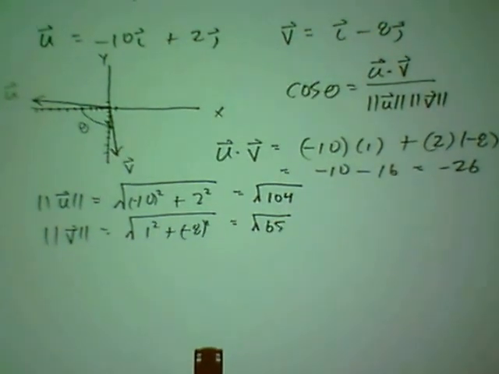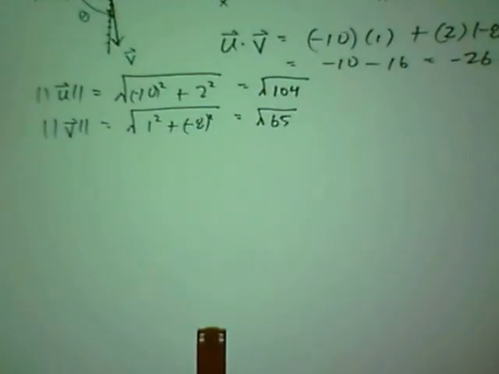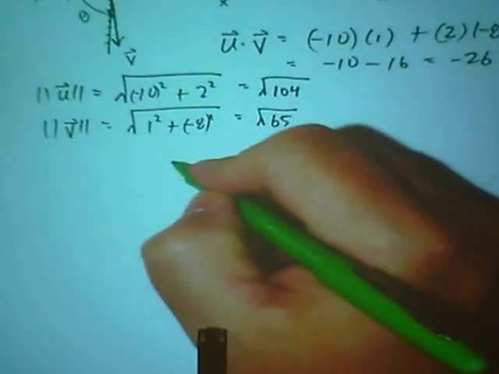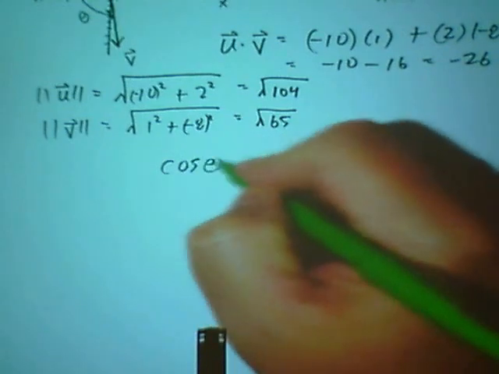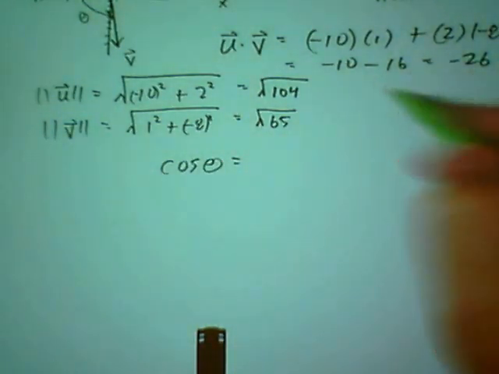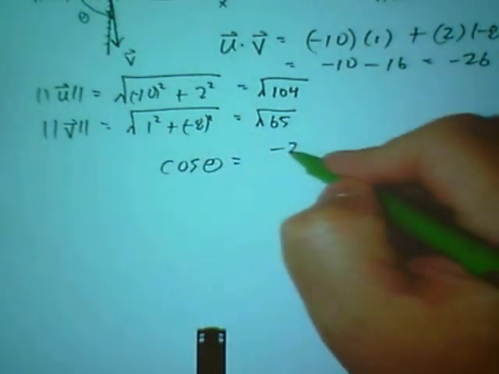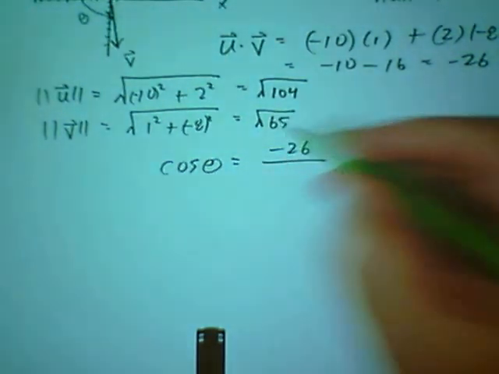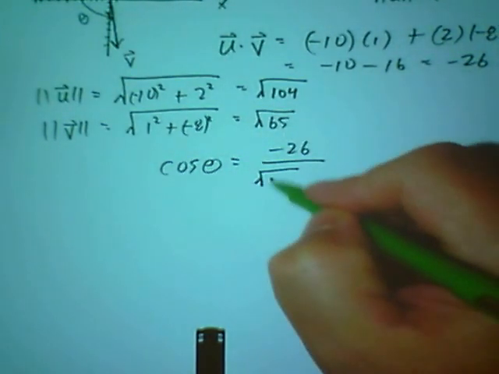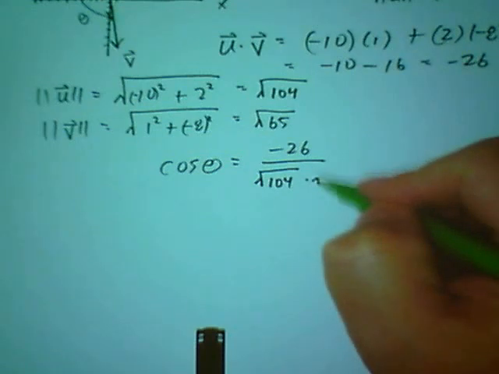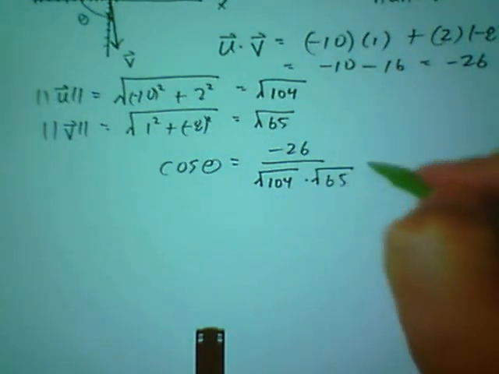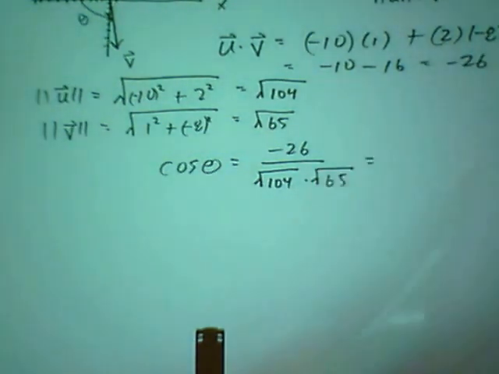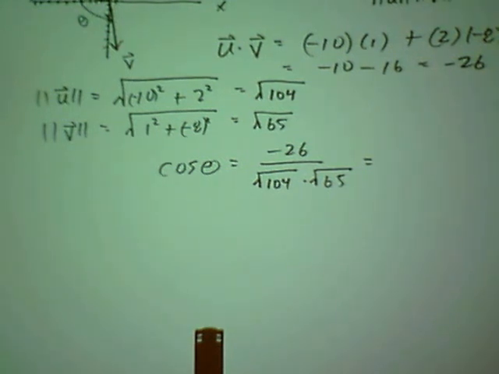All right, so now let's plug them into this equation. Cosine of theta is the dot product, minus 26, over the square root of 104 times the square root of 65. Grab your calculator, do this calculation.